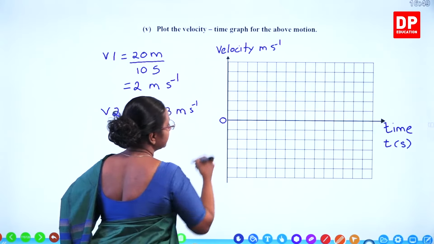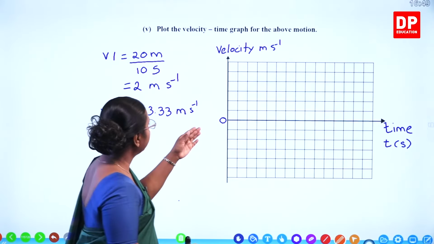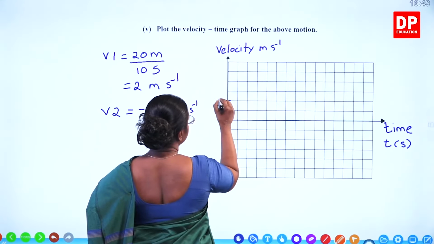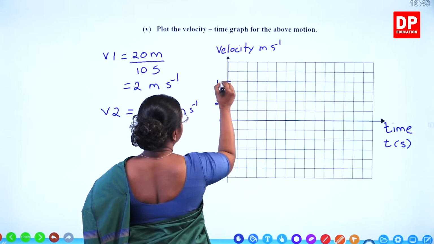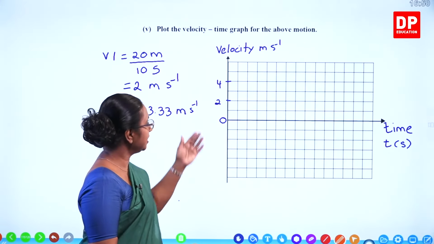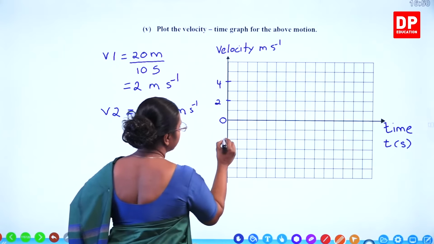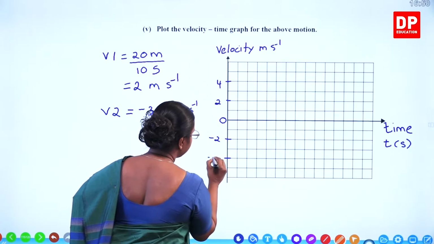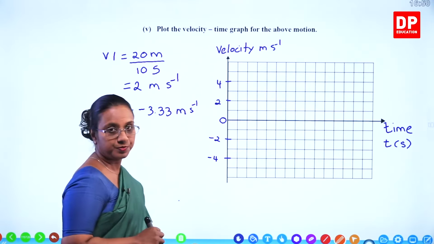Here, the velocity is going to be 0. In one direction, we will mark the velocity as 2, 4. We will be only needing the 2 meter per second velocity. In the other direction, it is going to be minus 2 and minus 4.